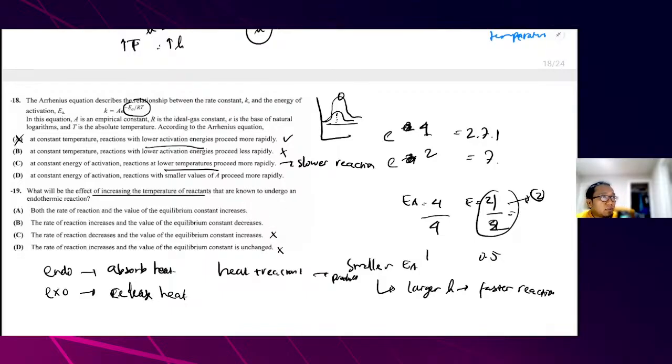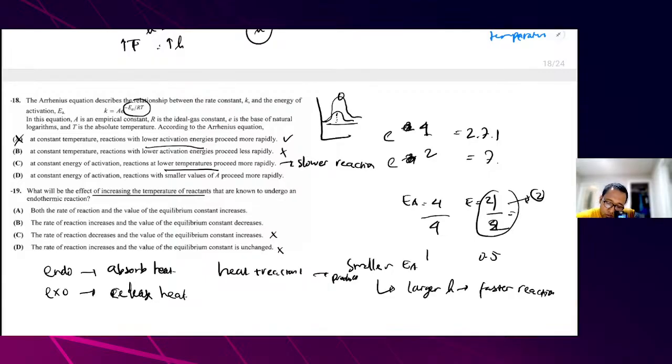Okay, the Le Chatelier principle is, if we increase the temperature and heat is a reactant, the system shifts toward the product. That means we will get more product.